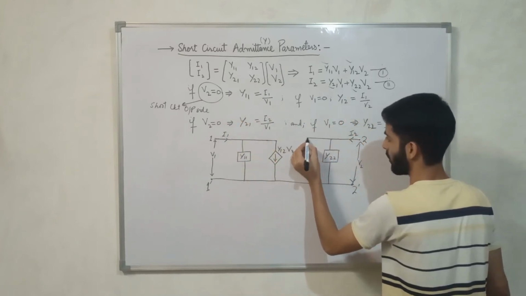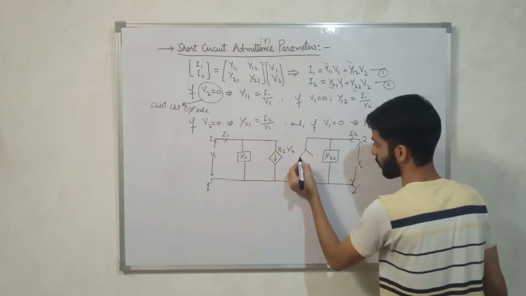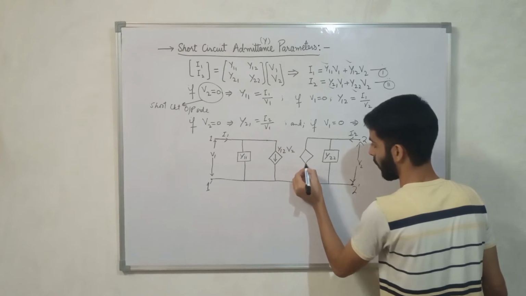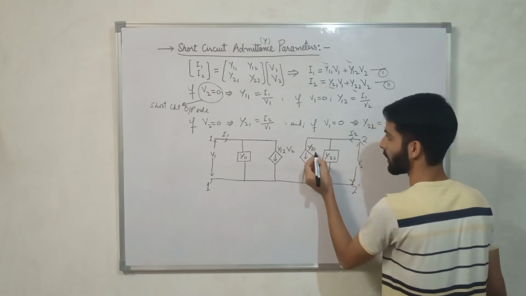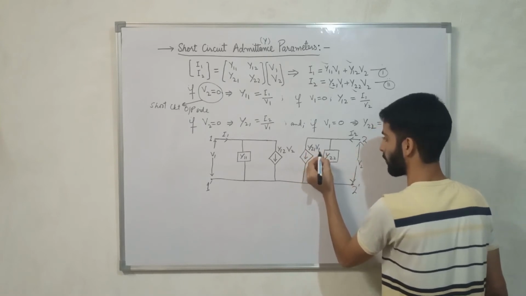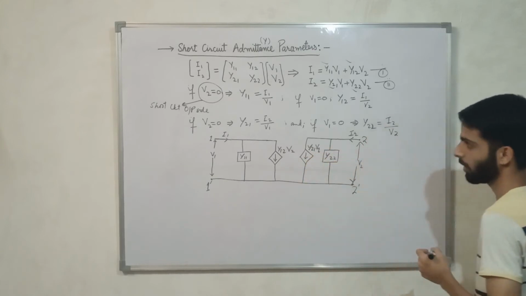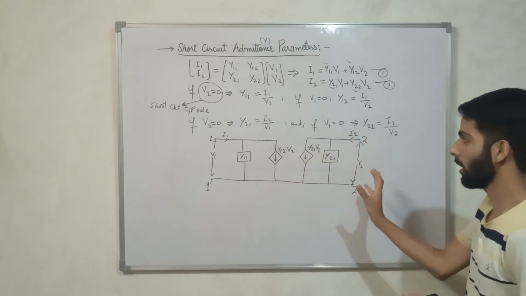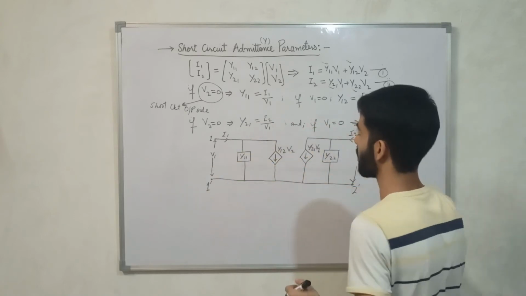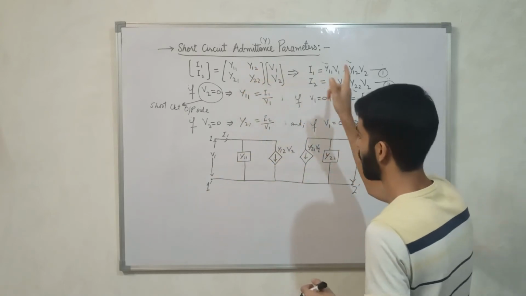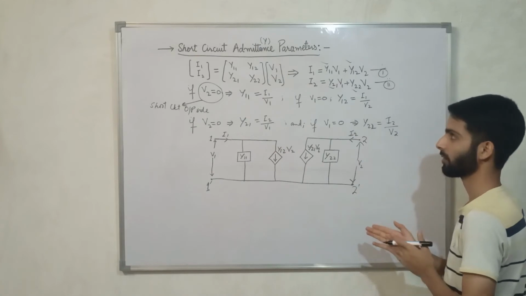It will be Y21 V1. So this is the diagrammatic representation for short circuit admittance parameters.